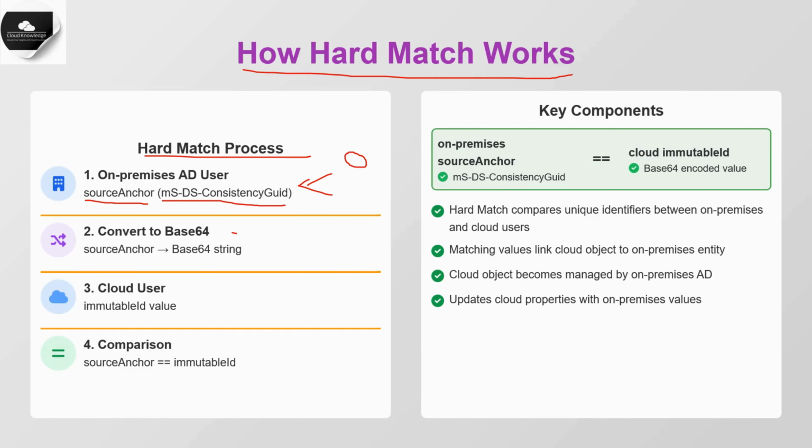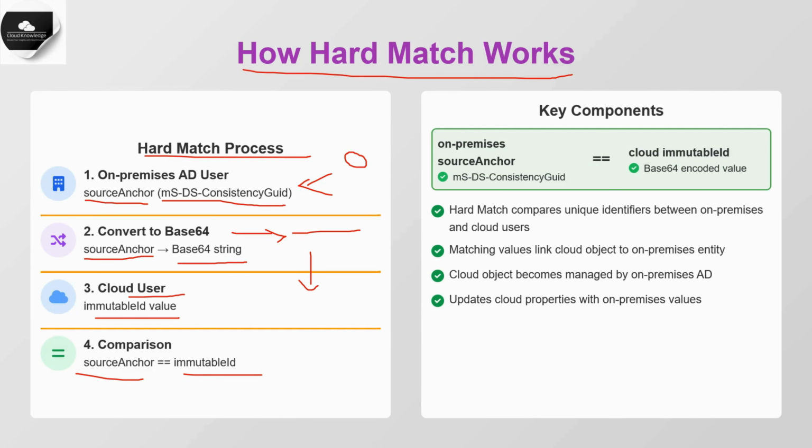We need to convert it into a base64 string, since the source anchor will be the object ID, for example. Then we need to check the cloud user's immutable ID value and match both values. If the source anchor is equal to the immutable ID, then the hard match will work.